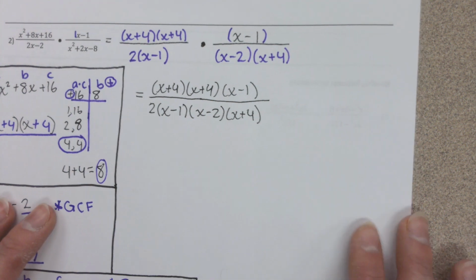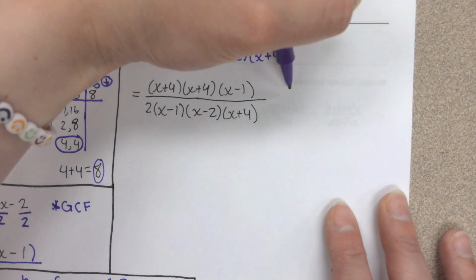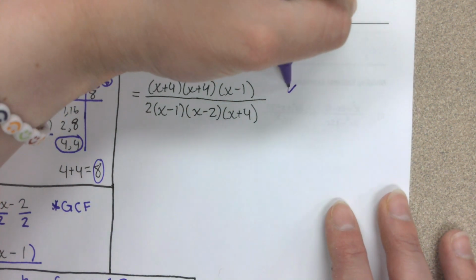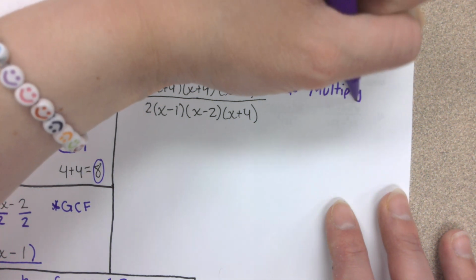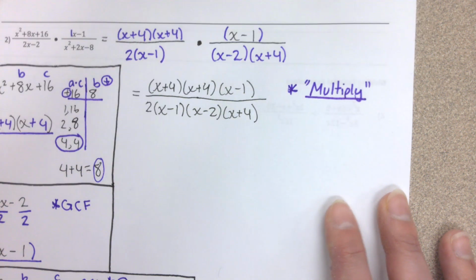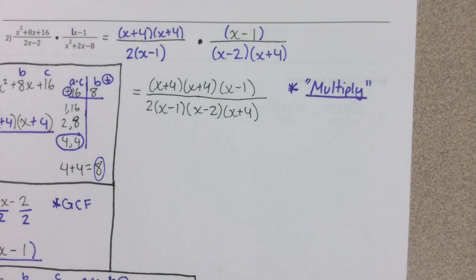So I'm going to add a little bit of an explanation if you want to write it down. So multiply, and I put that in quotes because we're not actually changing anything.